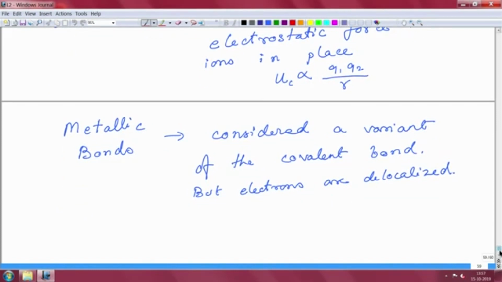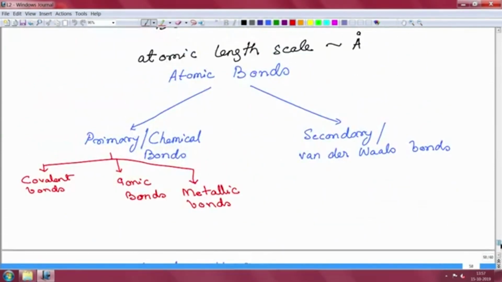So, the part that we did not discuss was the aspect of the secondary bonds. These are the van der Waals bonds.